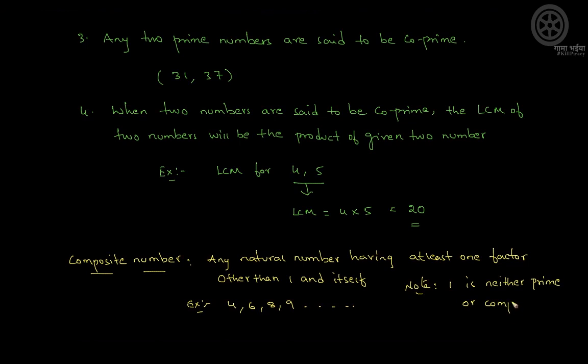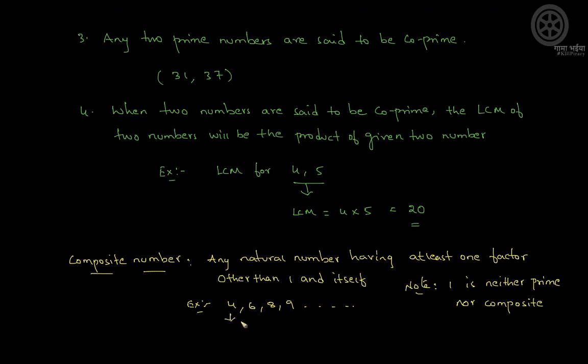That is the reason 1 is neither composite nor prime. So the lowest composite number is 4, not 1. Most people make the mistake of writing 1 as the lowest composite number. So 1 is neither prime nor composite.